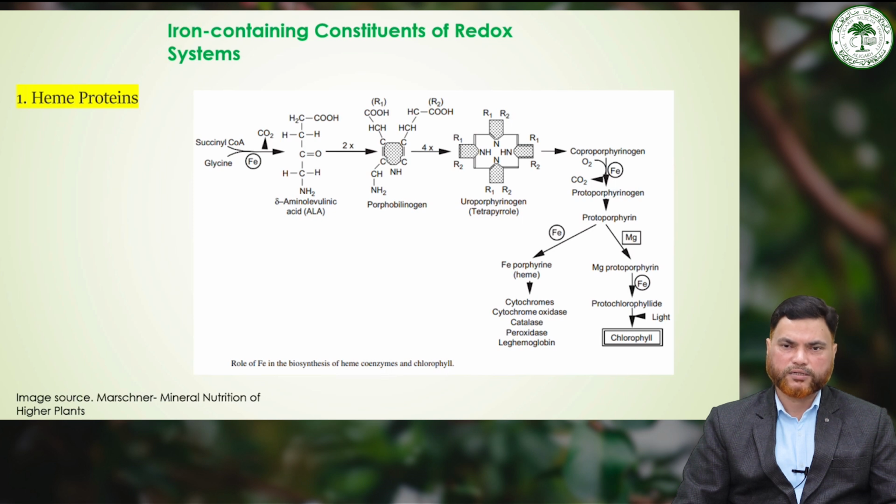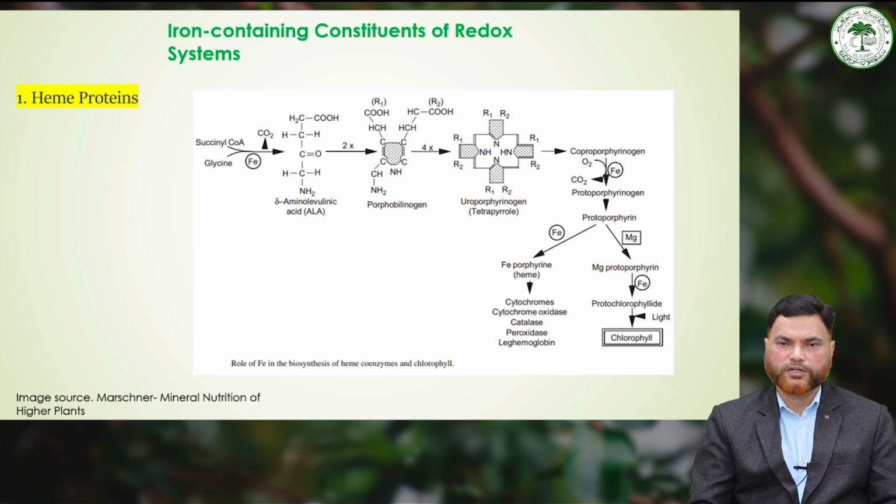Cytochromes are integral to the redox system within the chloroplast and mitochondria, and participate in the redox chain of nitrate reductase. Other heme enzymes include catalase and peroxidases, which generally exhibit reduced activity under conditions of low iron availability in plant tissues.